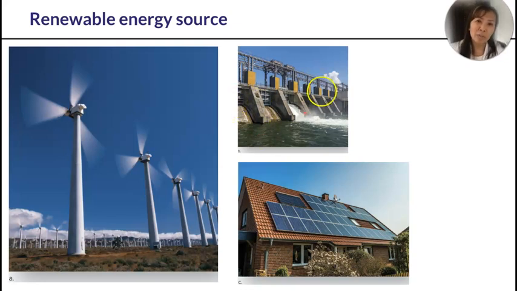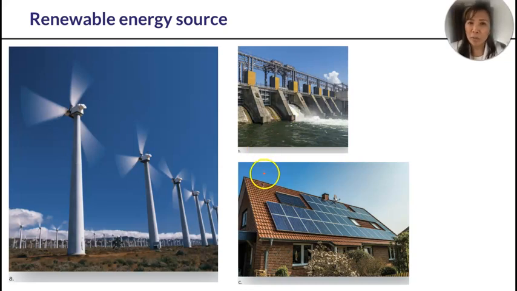Currently, this accounts for about 31% of the energy being used in the United States. However, in order to move this water, a lot of times we set up dams, and we already talked about how dams can be damaging to the environment.